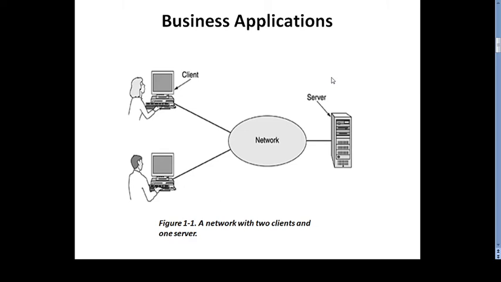For that purpose the server of a corporate company is used, and they communicate through this server or network. This is the best example of business applications in the corporate sector.